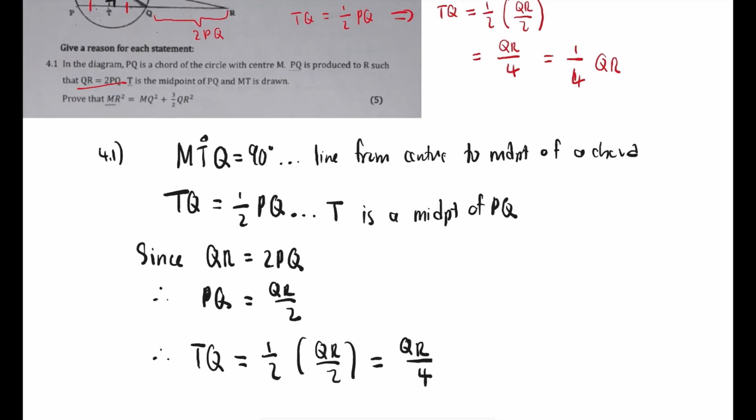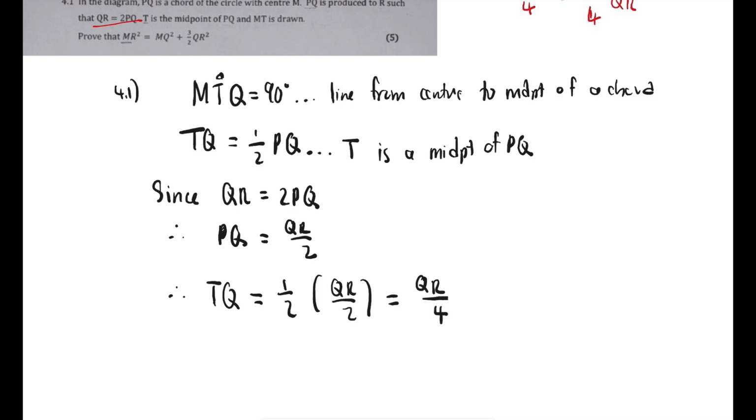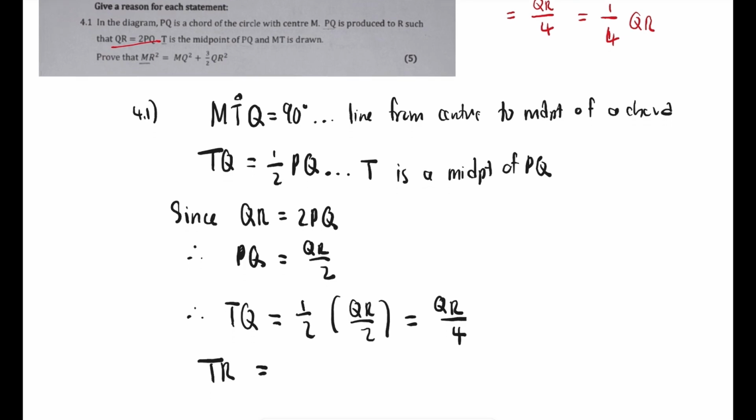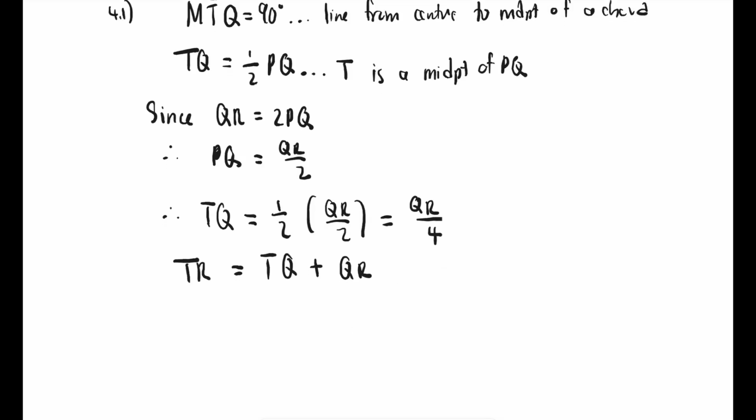Okay, and then we can say that TR, right? TR is this whole line over here, is equals to TQ plus QR. And we have our TQ is QR over 4. And my QR is QR.